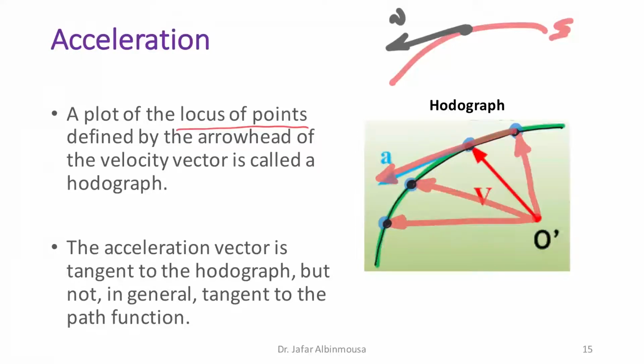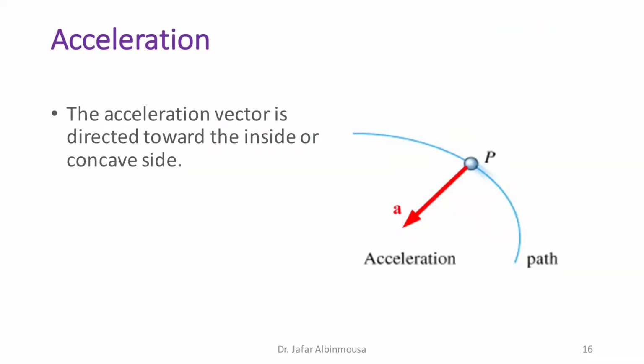The acceleration could be here as a vector, could be here, we don't know. The acceleration vector is usually directed toward the inside, or the concave side, of the curved path. And this is, as we are going to discuss later, because of the normal acceleration, which is always pointing to the center of the radius of curvature.